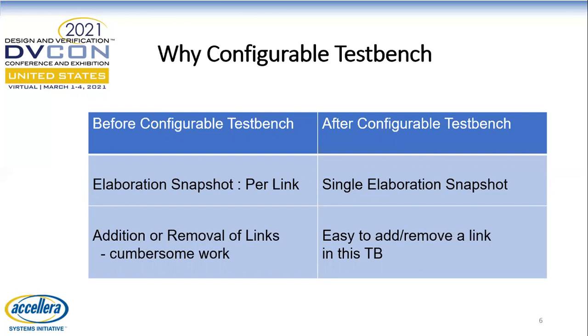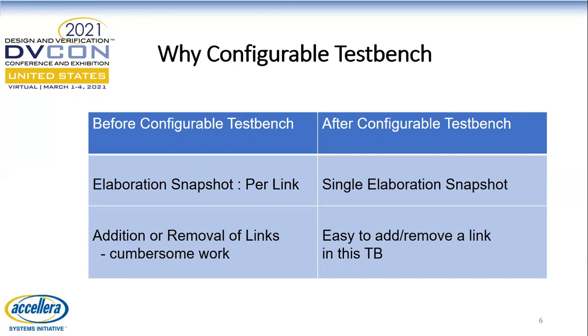While running the test from the command line itself, we can control the selection of link and the configuration of the link in the configurable test bench. We can also run multiple links concurrently with configurable test bench. The second item, that is, in the old test bench structure, the addition or removal of a link was a cumbersome work.